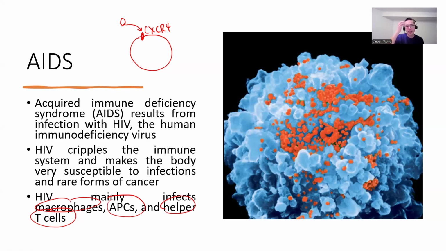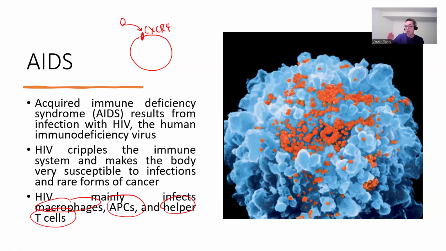So there was a case where the person had AIDS, okay, and then he needed a bone marrow transplantation for something else, and then he went ahead and did the transplantation with bone marrow from a donor, and then surprisingly to the doctor, he was cured of AIDS after the bone marrow transplantation.